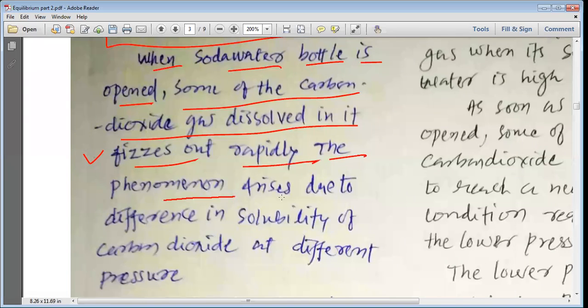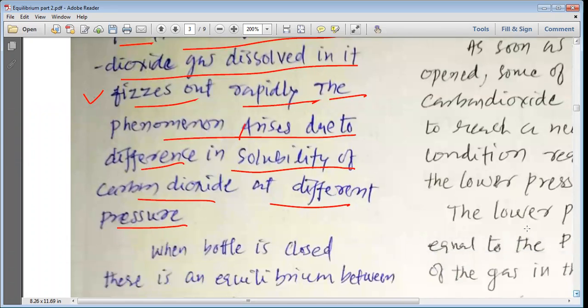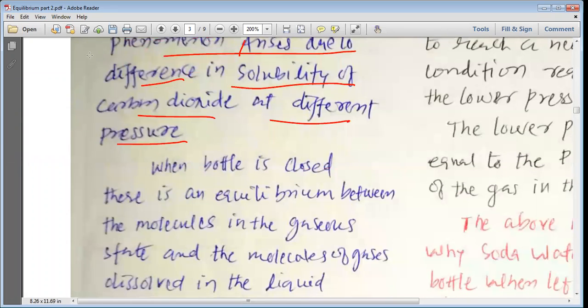This phenomenon takes place due to the difference in solubility of carbon dioxide at different pressures. At different pressures, the amount of carbon dioxide that can be dissolved in the water is different. That is what it simply means, and that is why the soda bottle is closed at high pressure.